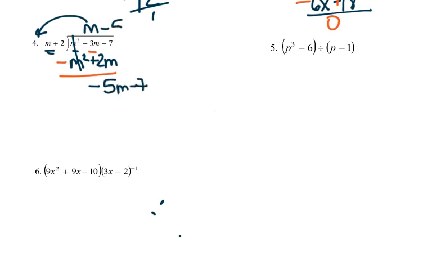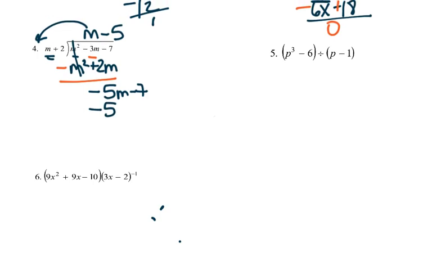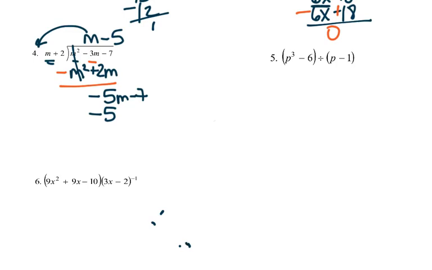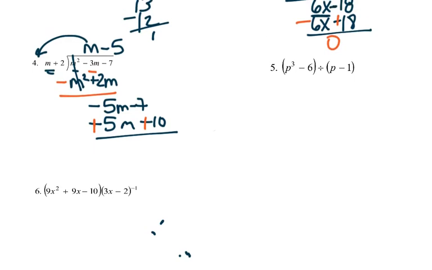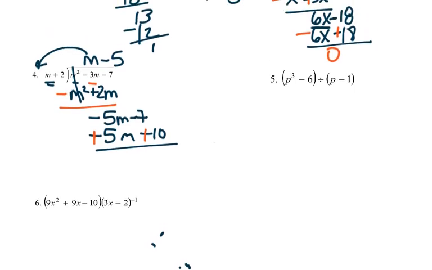M goes into negative 5m, negative 5 times. If I multiply, I get negative 5m minus 10. Subtract, so I change the signs. And then negative 7 plus 10 is 3. That's my remainder, 3. And I'm going to write my remainder over the divisor. So the remainder goes over m plus 2. And that's my answer there.